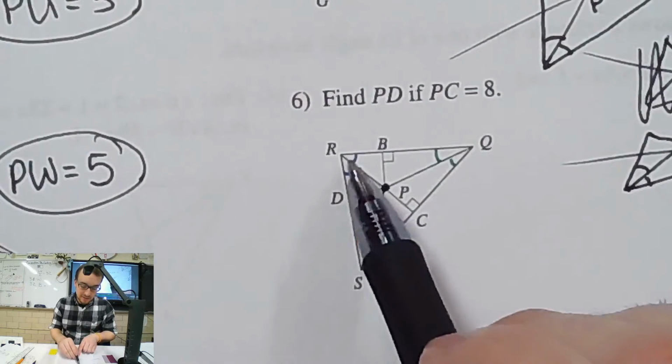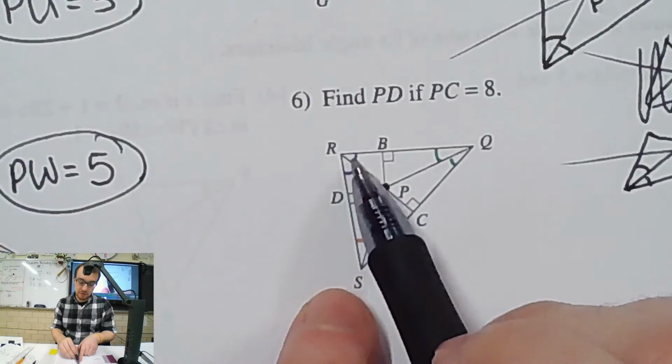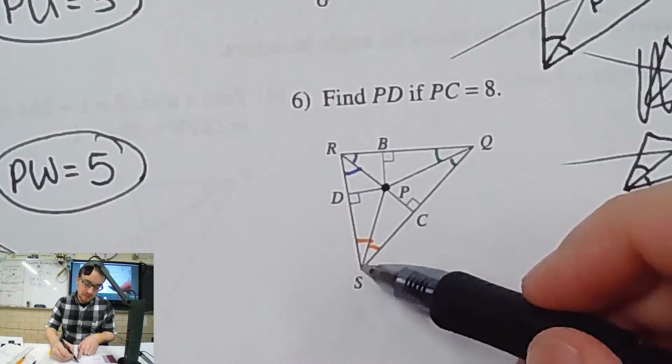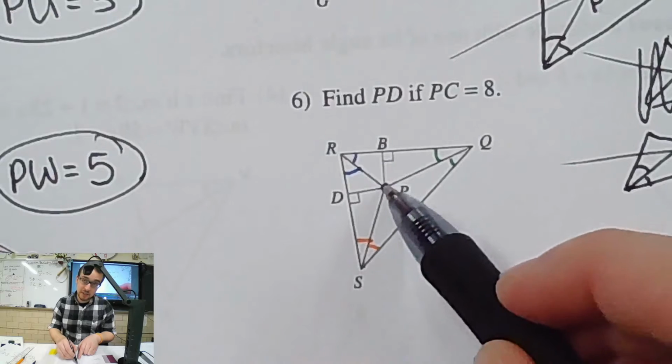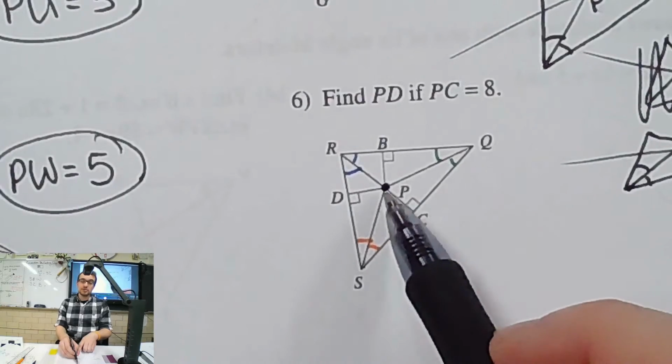If that, and that are angle bisectors, and they are, see how they're marked? It cuts that angle into 2 equal pieces, cuts this one into 2 equal pieces, cuts this one into 2 equal pieces. That means these lines right here are angle bisectors, and they all intersect here. The intersection of the angle bisectors is what? What do we call that center? Maddie, what do we call that center? Sheldon? The incenter.